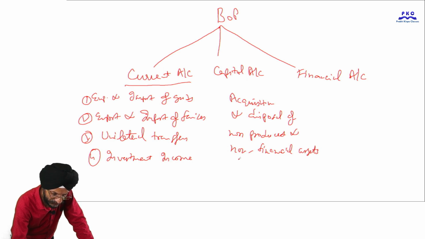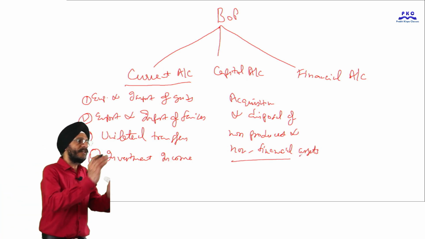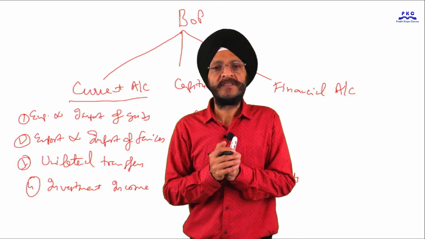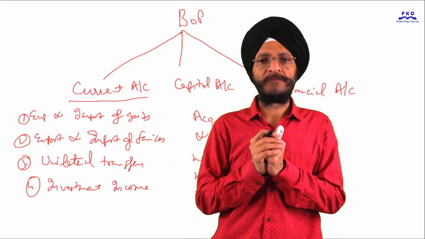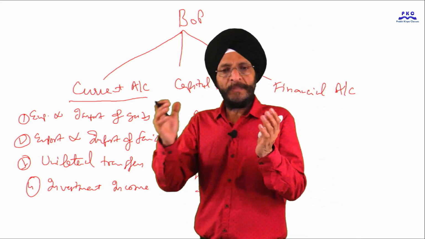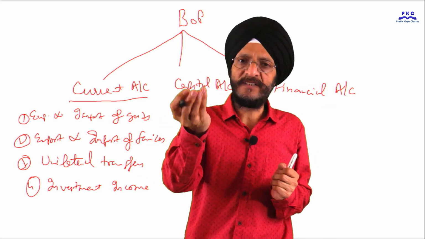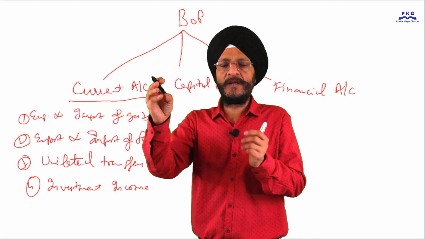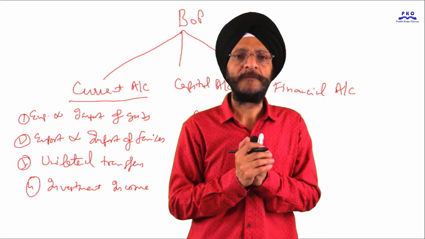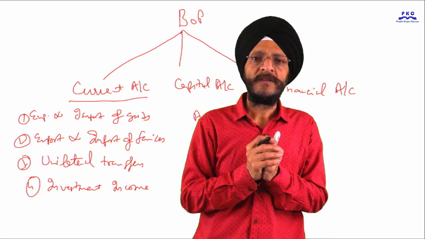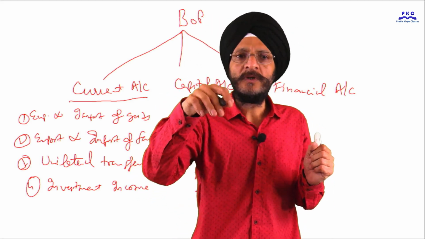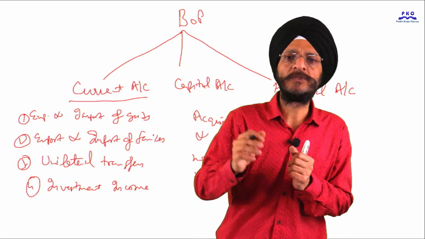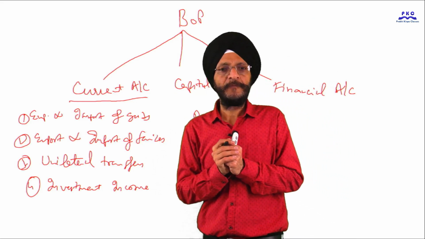Non-produced and non-financial assets are those assets which cannot be produced and where some intellectual work may be involved. Examples of non-produced and non-financial assets are land. We also take into consideration in capital account fishing rights, mining rights, other natural resources, and intellectual properties such as trademarks, logos, and domain names.